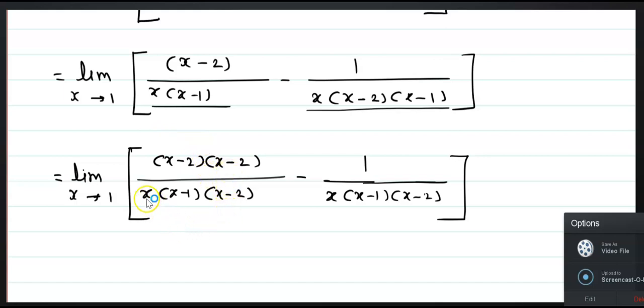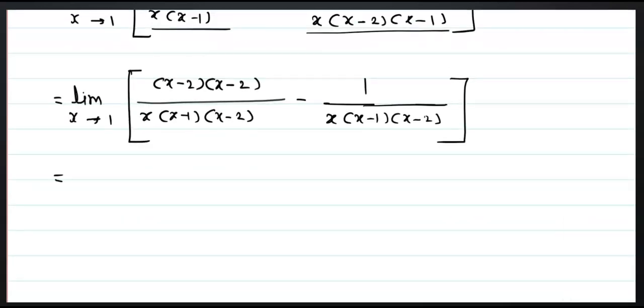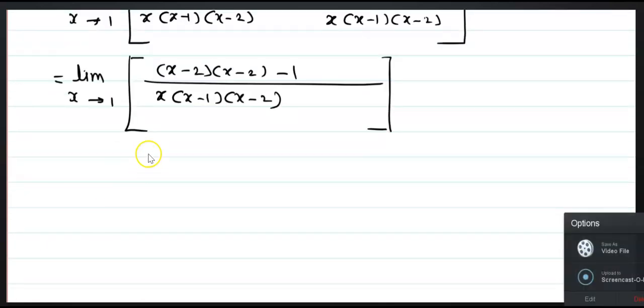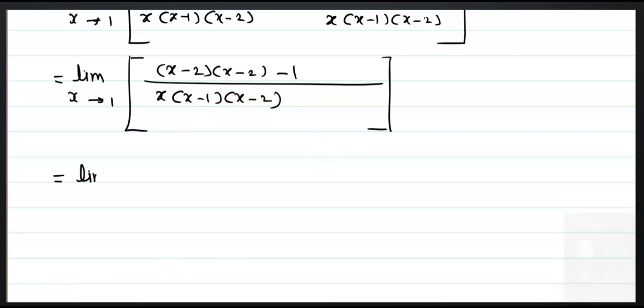Now the denominator is x into x minus 1 into x minus 2. Here also x into x minus 1 into x minus 2. And therefore this here, that is x minus 2 into x minus 2, minus 1, upon x into x minus 1 into x minus 2.